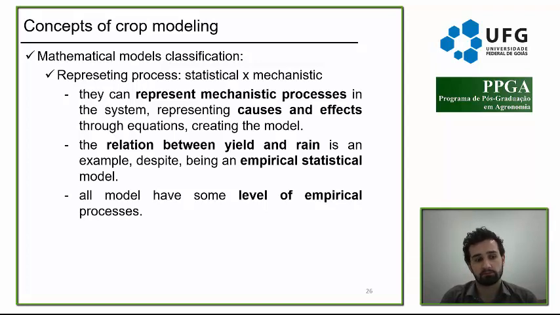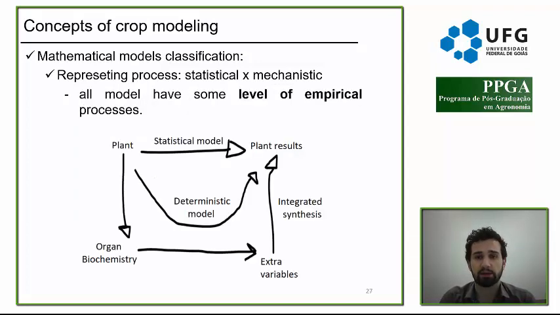So when we don't know how to explain the process in more detail, because you can't calibrate the model very well, we create some empirical function to simplify this process, and all these models have some level of empirical process. And here is an example comparing the statistical with a mechanistic model.